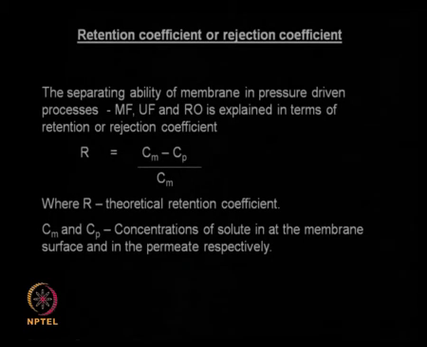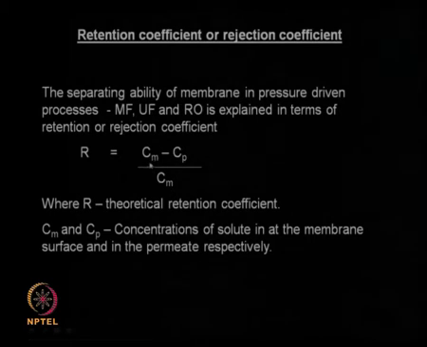Now, there is something called the retention coefficient or rejection coefficient. We need to understand what the retention coefficient is and what the rejection coefficient is. The separating ability of a membrane in pressure driven processes like microfiltration, ultrafiltration, reverse osmosis and so on is based on something called a rejection coefficient. So, rejection coefficient R is nothing but the concentration of the solute at the membrane surface, Cm, minus the concentration in the permeate, divided by Cm.